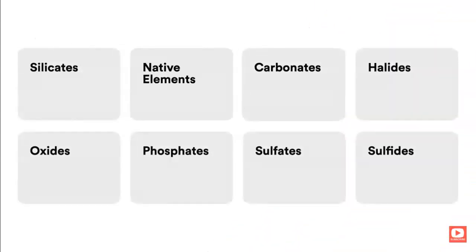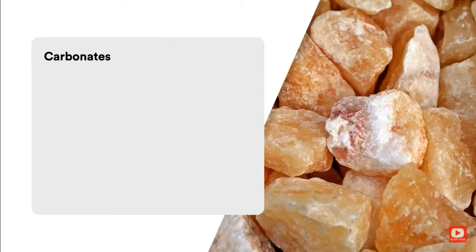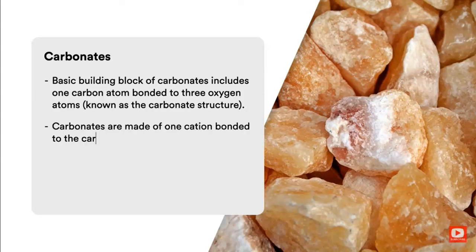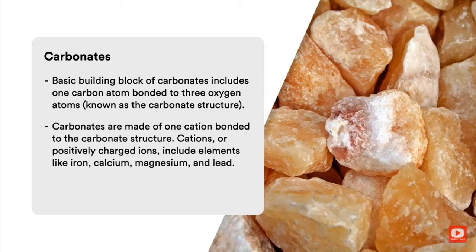Next up, our carbonates. So carbonates are interesting. They have a basic building block of 1 carbon atom that is bonded to 3 oxygen atoms in a structure that's known as the carbonate structure. These are made of 1 cation bonded to the carbonate structure. So what is a cation? Well, this is just a positively charged ion.